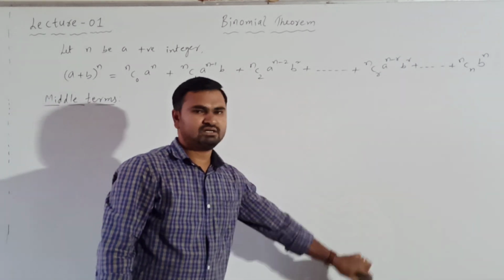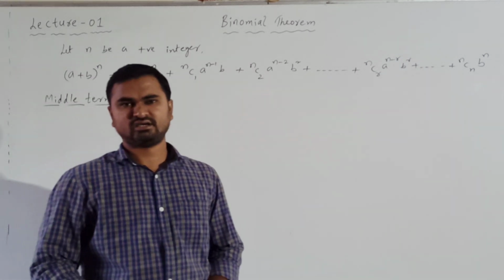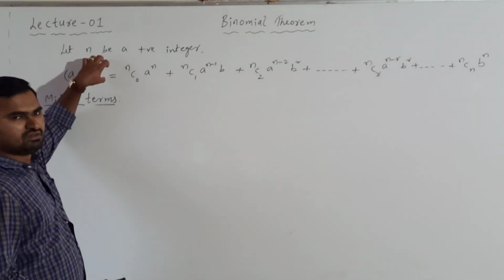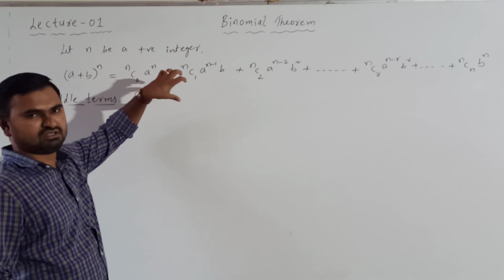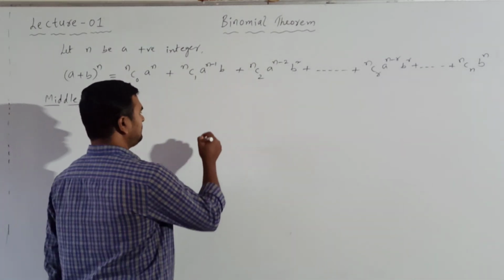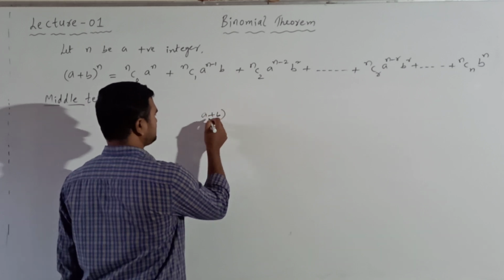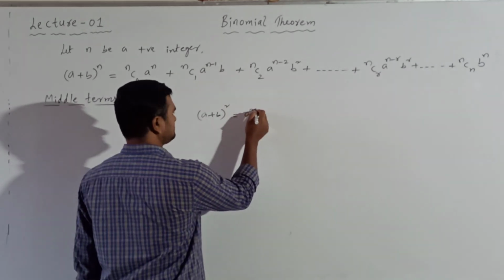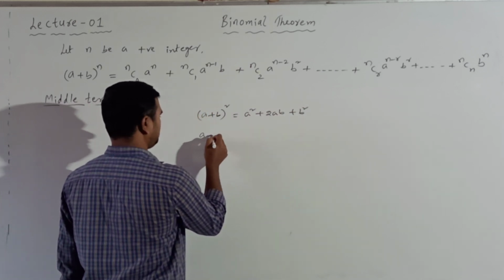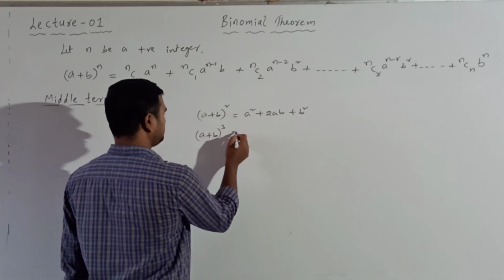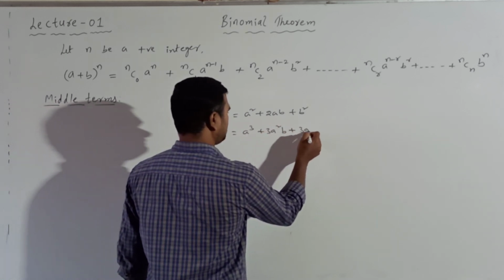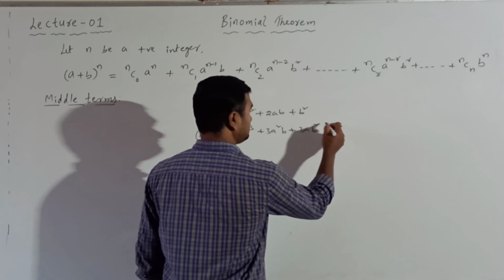Now, how many middle terms exist in an expansion? It depends on the index or power n. So, if n is even or if n is odd, then we will get different middle terms. For example, if I expand (a plus b) whole square, we know a square plus 2ab plus b square, and (a plus b) whole cube is a cube plus 3a square b plus 3ab square plus b cube.